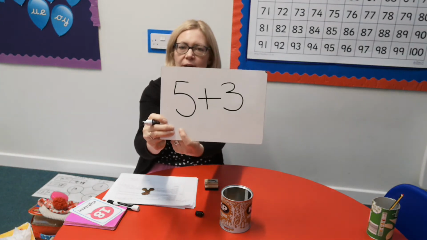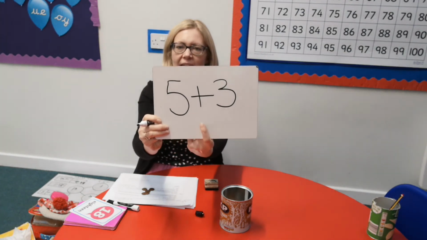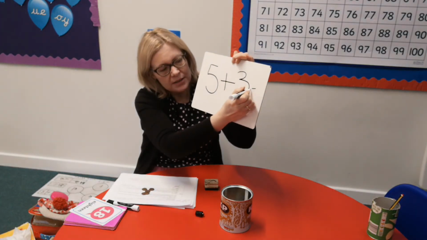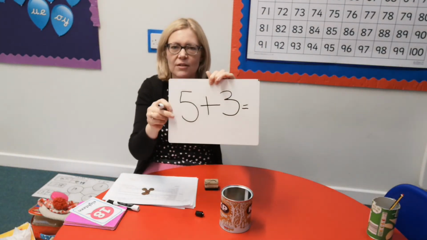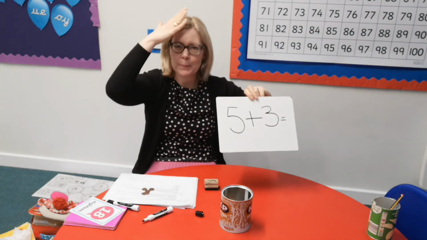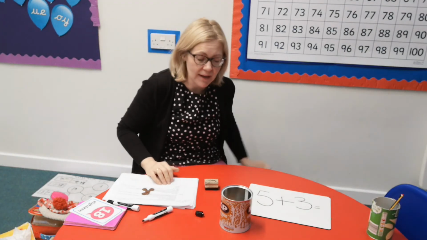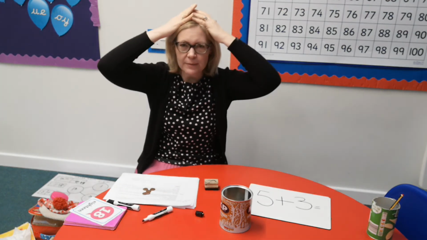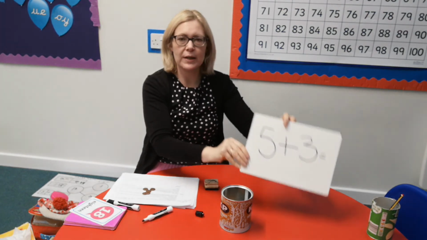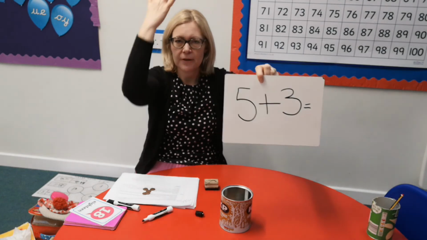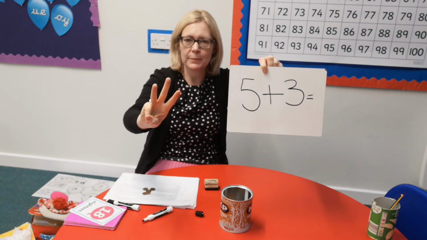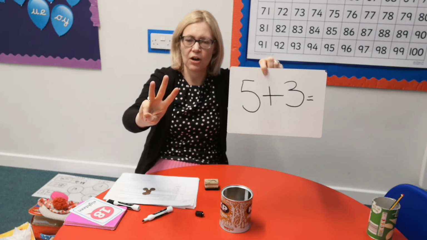So I had 5 coins to start off with, then I stopped and added 3 more. Now I want to know what that answer is, what it equals. So I'm going to find out by using my popping the number into my head way of doing it. You can use your 100 square, find 5 and count on 3 jumps, but I'm going to pop 5 in my head because that's the number of coins we started with in the tin. 5 in my head, and I'm going to add 1, 2, 3 more on because that's how many I added to the tin afterwards.